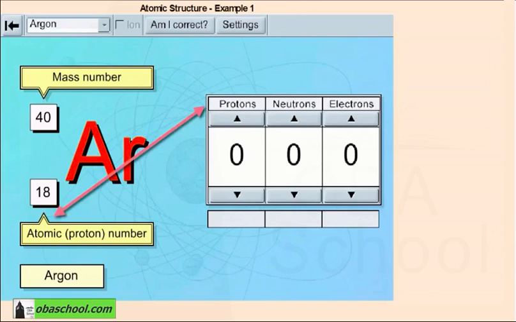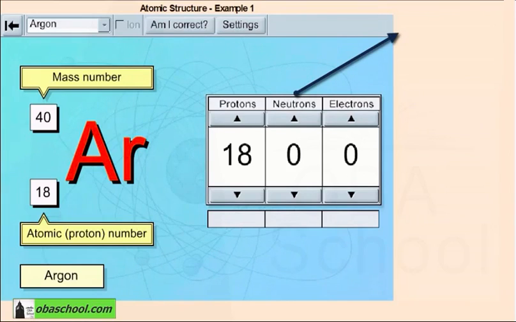Okay, so let us start with the number of protons. The number of protons is equal to the atomic number, which is written at the lower left. So the number of protons is equal to 18. Now for us to find the number of neutrons, we must subtract Z from A, the atomic number from the mass number, which is 40 minus 18, and this will give us 22.